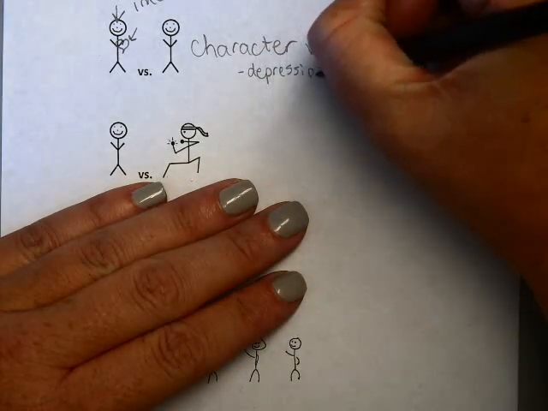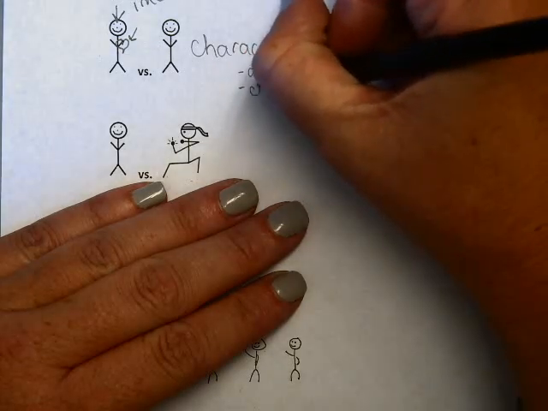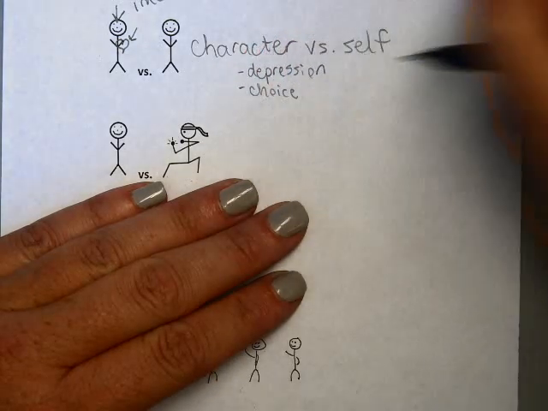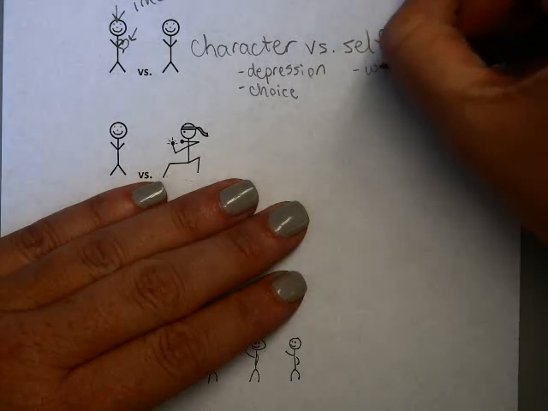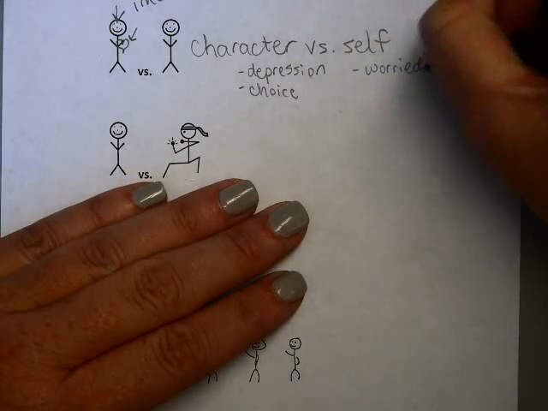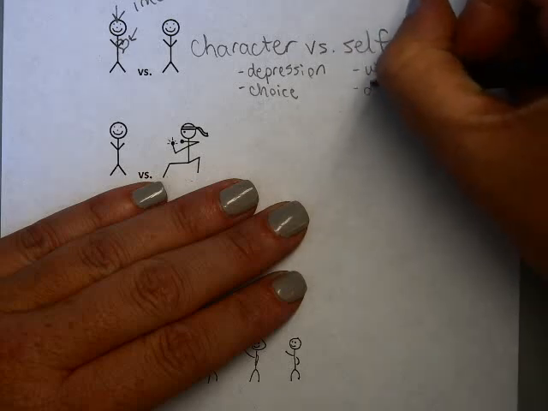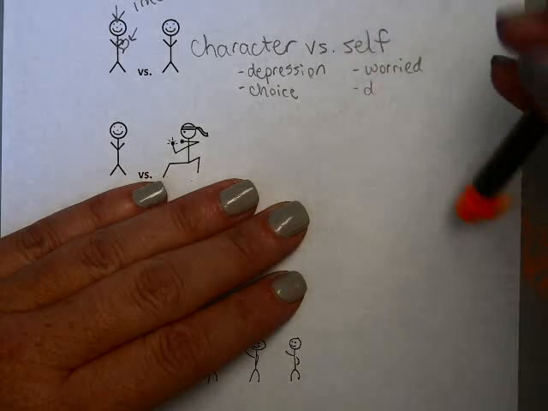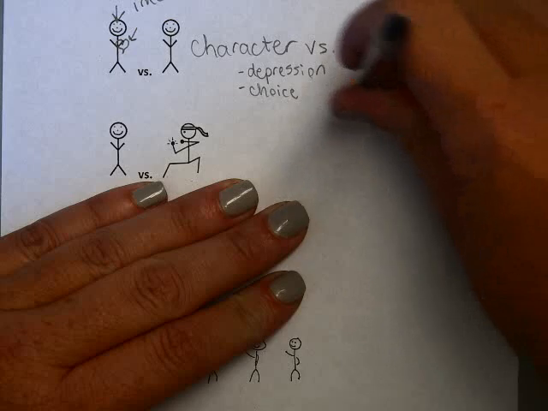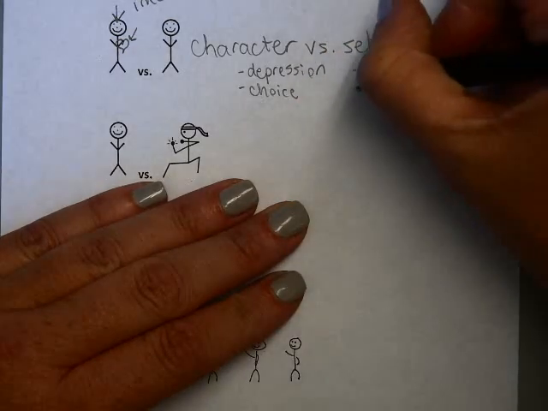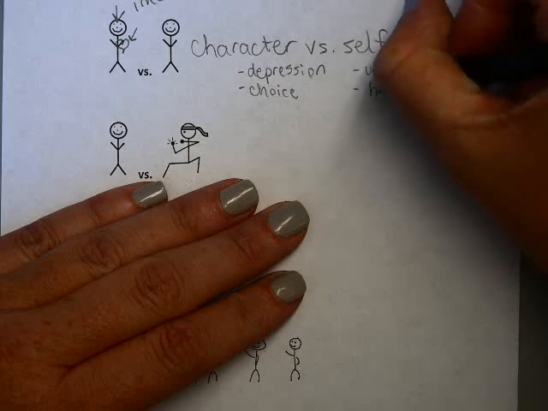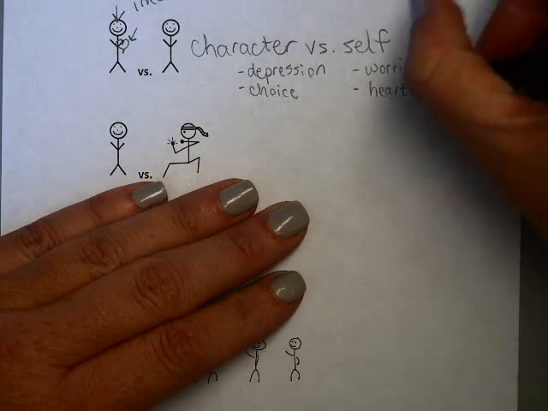It could be a choice that they have to make over something that they're kind of agonizing over. Maybe they're really worried about something that's about to happen. Maybe there's a decision. Well, I guess it's the same thing as a choice. But basically, this is just anything that they have going on inside their head or inside their heart. So even a heartbreak could fall under this particular category.